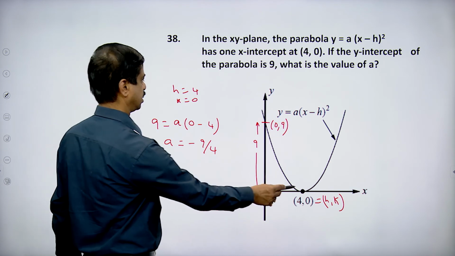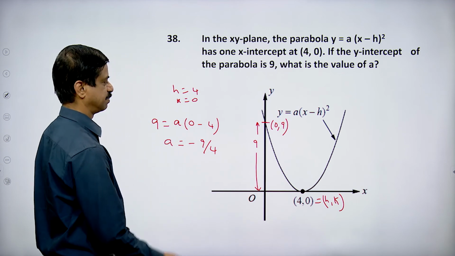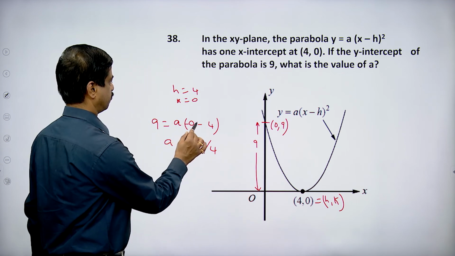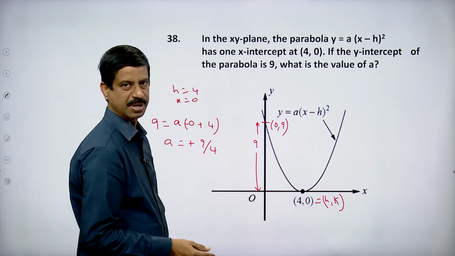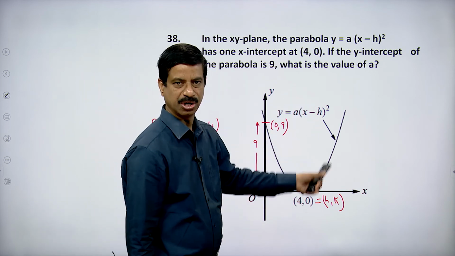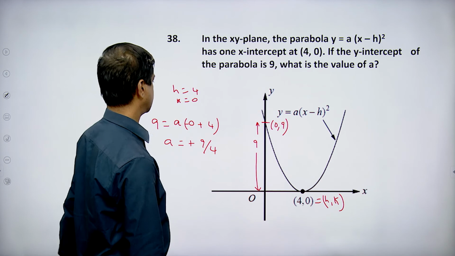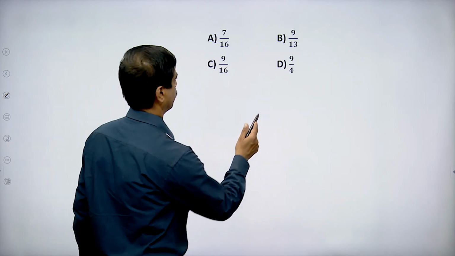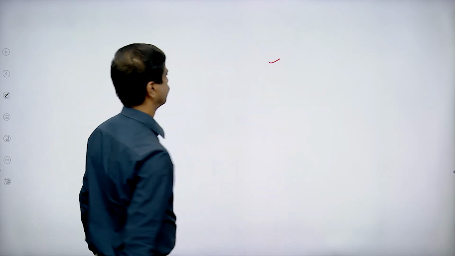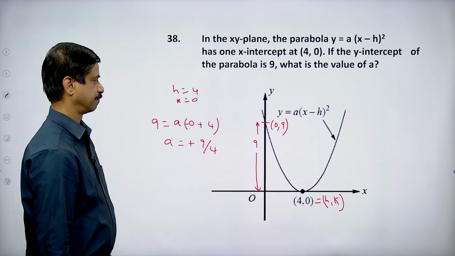Or otherwise you can take this, y-intercept is 9, so you take 4 minus 0, because a cannot be negative. Why is it? The curve is upward. So look at this, and the option will be 9 by 4, D. Please note it fast, quick.